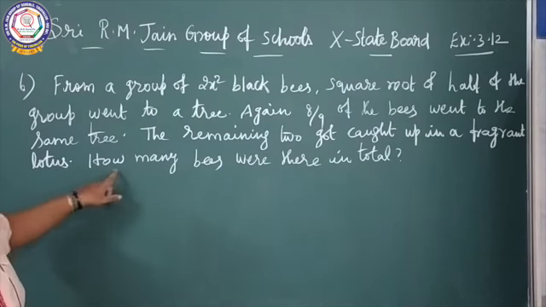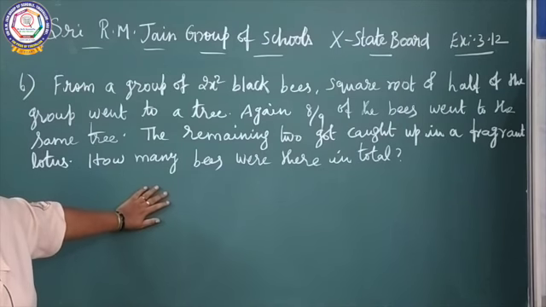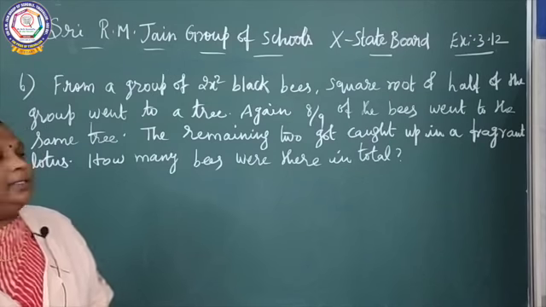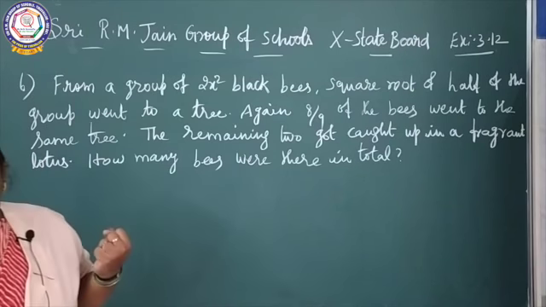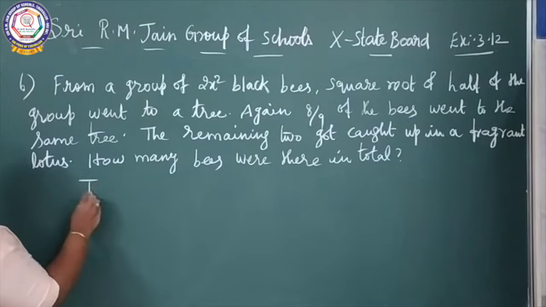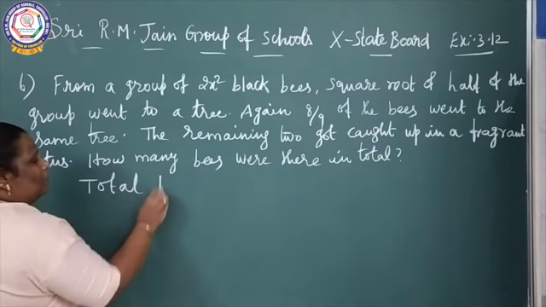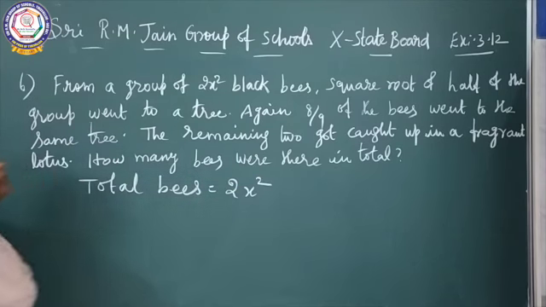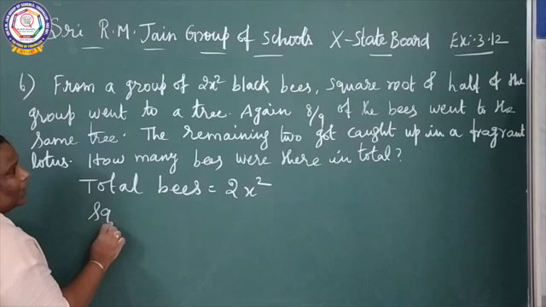How many bees were there in total? Total number of bees they are asking. You don't know the number of bees, so you can take total bees equal to 2x square. What is the next one?